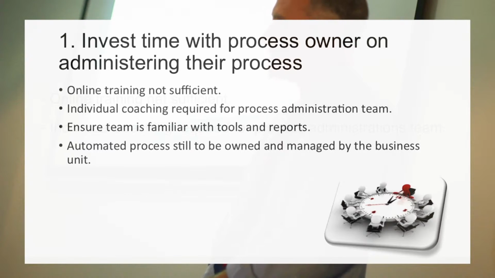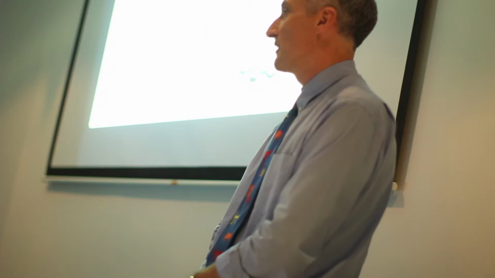But it turned out that some individual coaching was required. We needed to spend time with them to make sure that the individuals in the business unit team that were managing the process were comfortable with the tools that we were giving them, and they could manage the automated version of their process effectively. Although us as the development team, we had built the process, it was still the business that was responsible for it, and it was still the business that would be managing it going forward.